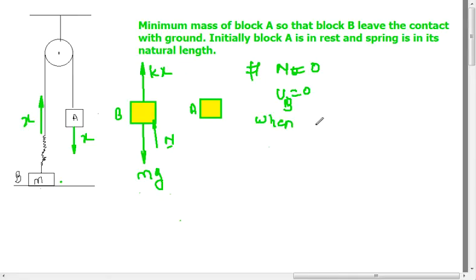When B leaves, then v_A should be equal to 0.